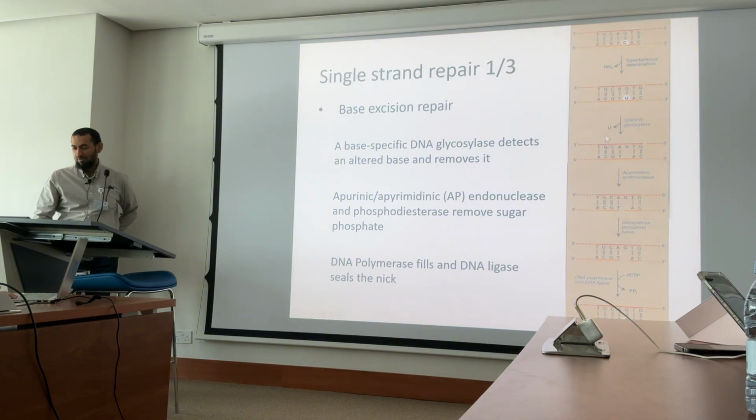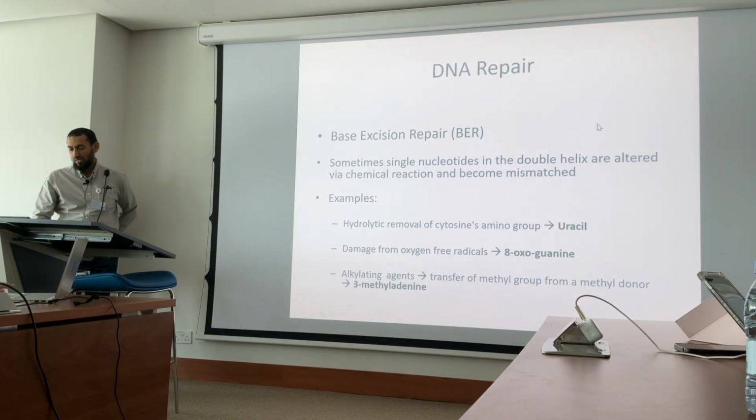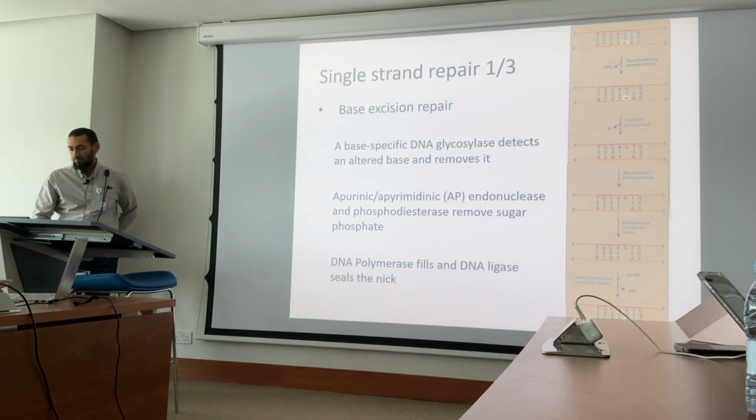This is an example. If you remove the amino group from the cytosine, it will be altered to uracil. But uracil is not a correct match, so you need to remove it. It will be removed by glycosylase.